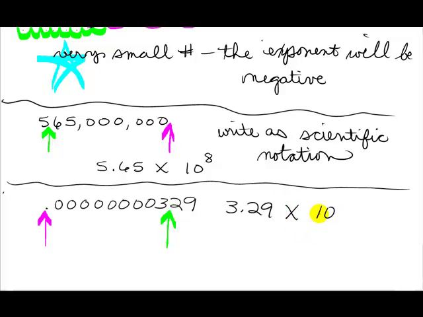And then I have to figure out my power between my old and my new decimals. So between these two, I've got 1, 2, 3, 4, 5, 6, 7, 8, 9. And this is a very small number, so I've got to be sure and make that a negative 9.